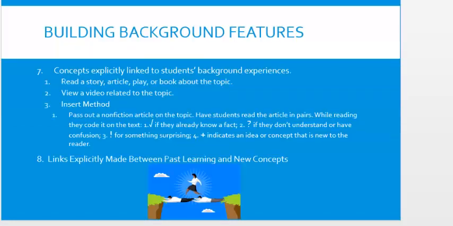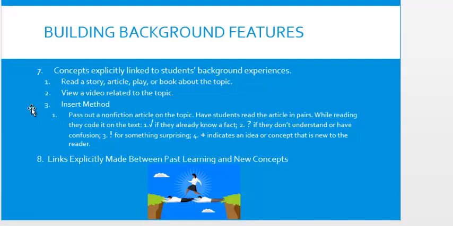Yesterday, we talked about preparing for the lesson with SIOP. So the first 6 features that we dealt with were in lesson preparation. There are 2 more within lesson preparation that we should consider, both of which are dealing with building background.